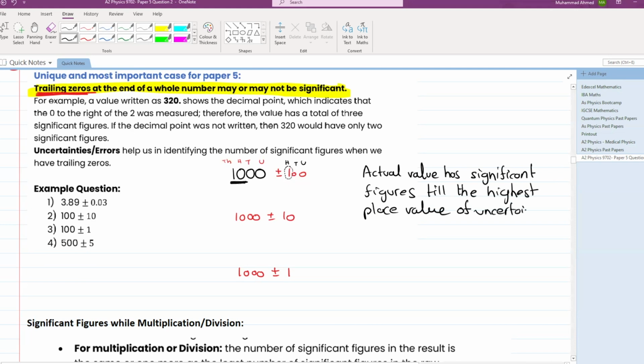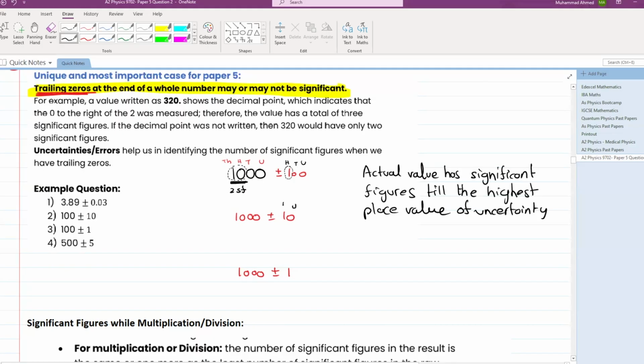Perfect. Now, what is the highest place value of uncertainty here? 100. So your actual value will also have significant figures till the 100th place value. How many significant figures does this become? Two significant figures.